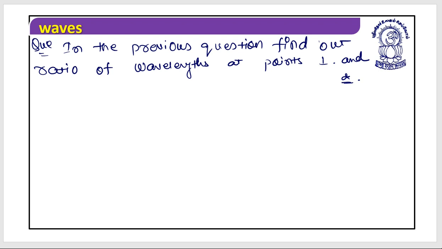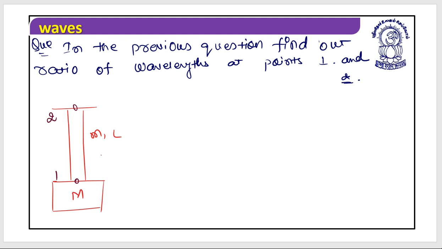What I'm supposed to do is that this is the situation. This was the situation: this is mass M, length L, and this was mass m. This is location 1, this is location 2, and we need to find the ratio of the wavelengths. As you understand, at this boundary a wave travels from this block to the rope, and at this boundary a wave travels from this rope to the ceiling or the rigid support.